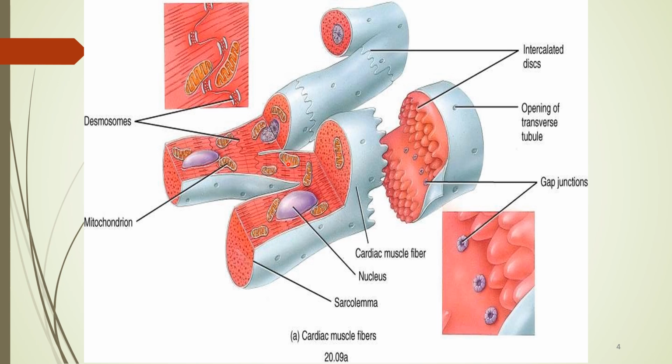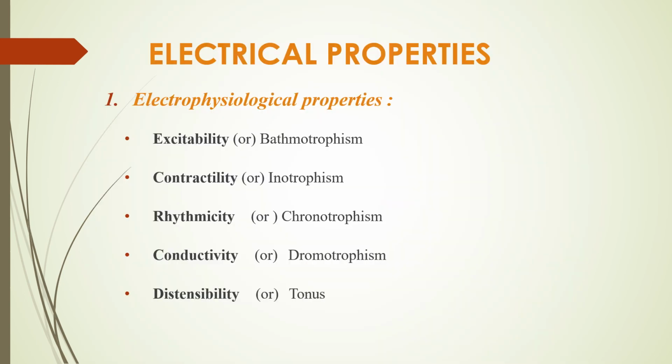In the heart there are two syncytia, the atrial syncytium and the ventricular syncytium, because the atria are separated from the ventricles by a fibrous band of tissue known as the atrioventricular ring. So these are a few morphological points of the cardiac muscle.